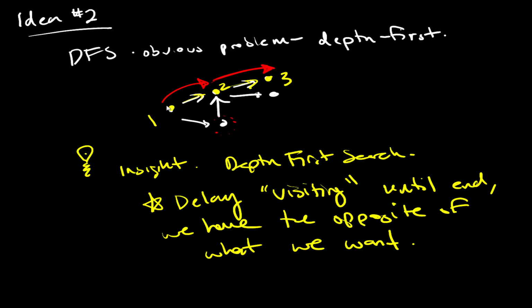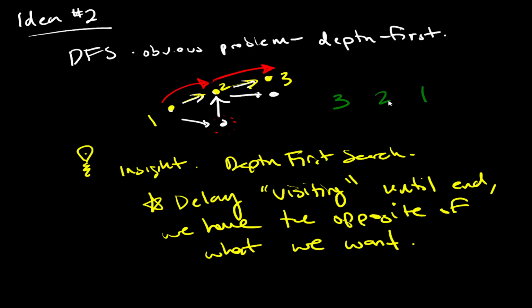But if I were to do the opposite, where I look at 1, look at 2, look at 3, but only after, on the way back up, I visit 3, or report 3, so that 3 is the first thing I look at, then 2, and then 1. Then I essentially have the opposite of what I was going for, along this path at least, and we'll see how this resolves for the other edges.